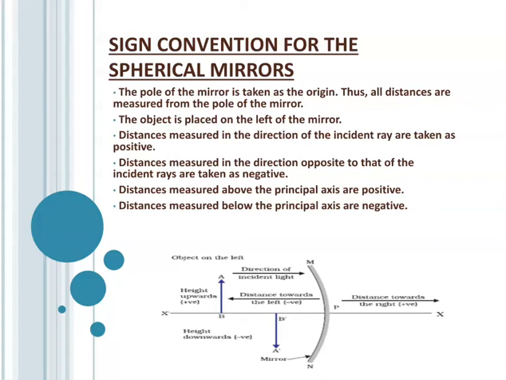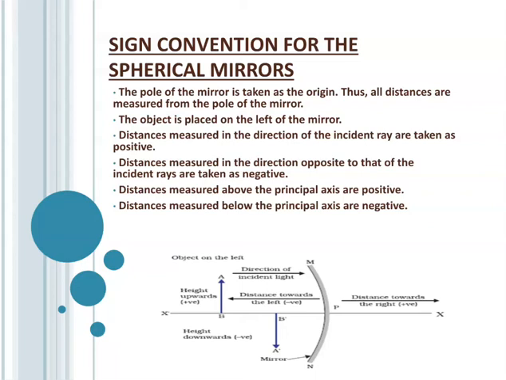Distances measured in the direction opposite to that of incident rays are taken as negative, that is left side of the mirror are always taken as negative.